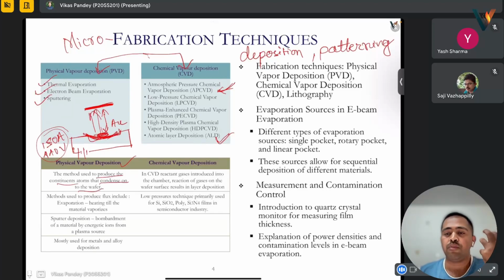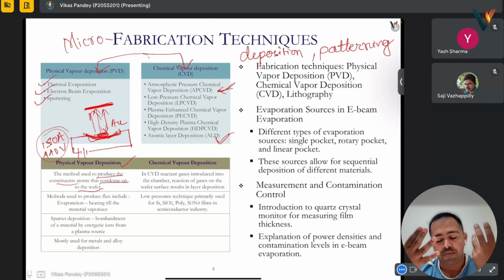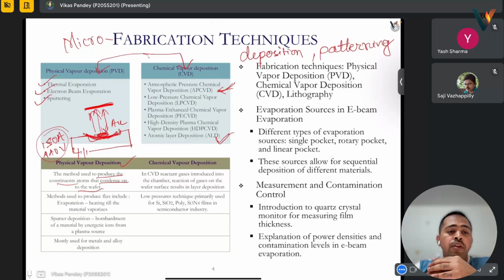So we can say only the phase changes. If it is solid, it will go into a gaseous form and condense. If it is in liquid phase, it will go into gaseous phase and condense. Or it can go into plasma phase and then condense on the surface of our target material.